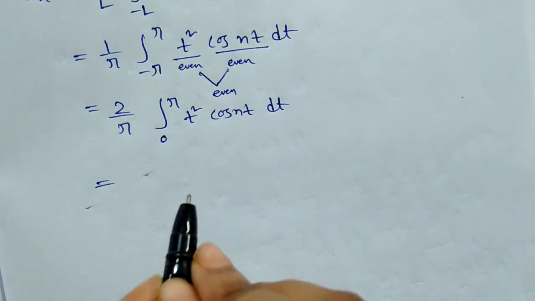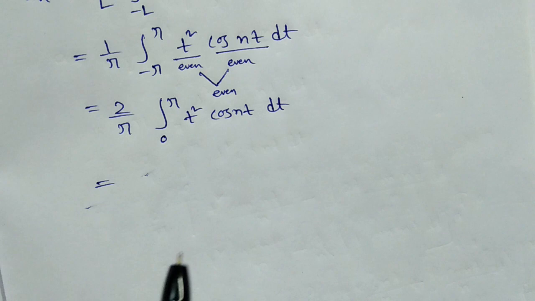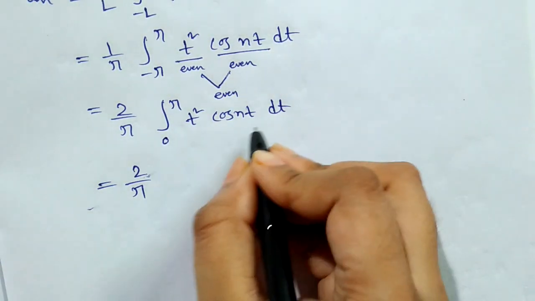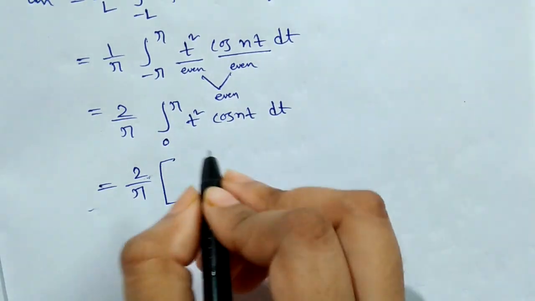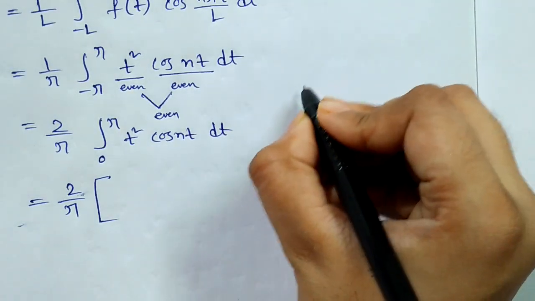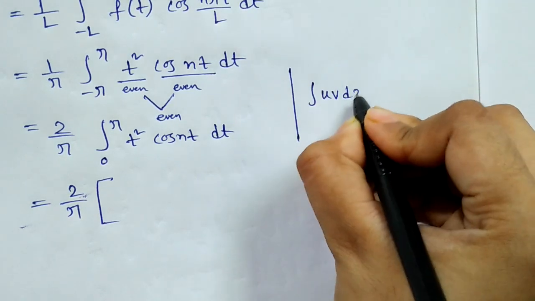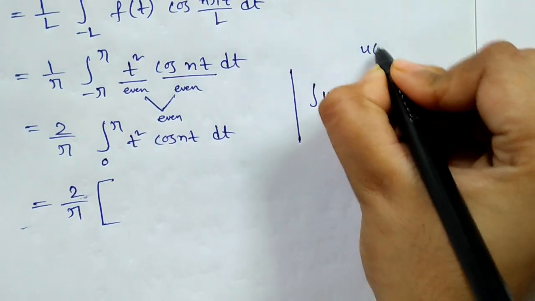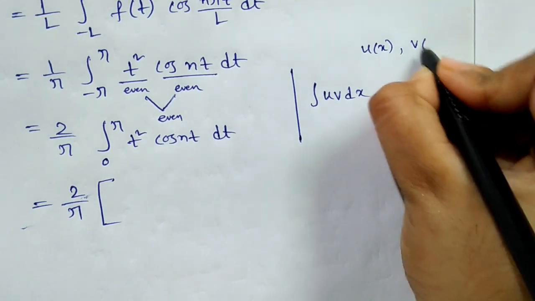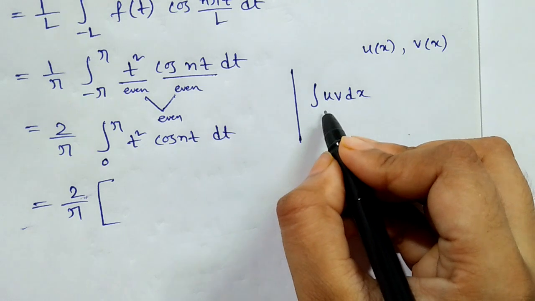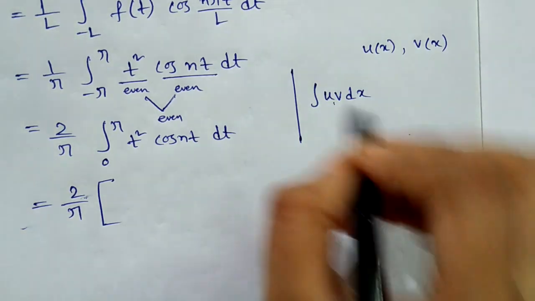Okay, so now we will do the integration by parts, right? So 2 by pi, this is equal to, so integration by parts, the formula is integration of u v dx, where u(x) and v(x) are two functions. So I just write uv.